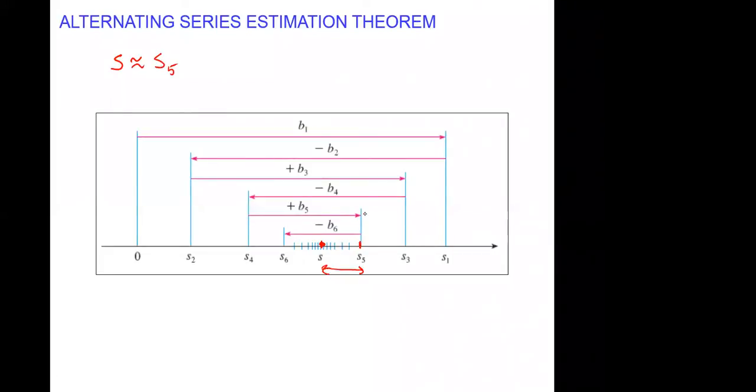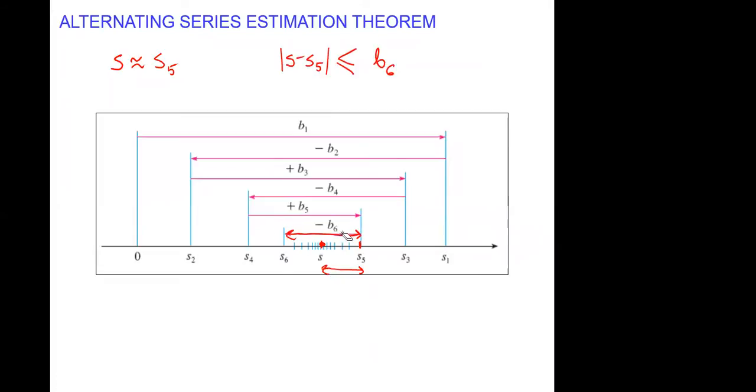Of course, what I know is that the size of this difference, the sum minus S sub 5, is always less than or equal to b sub 6, right? Let's check, b sub 6, this is the pink line.